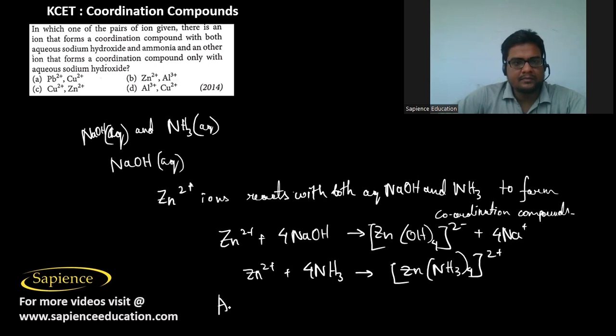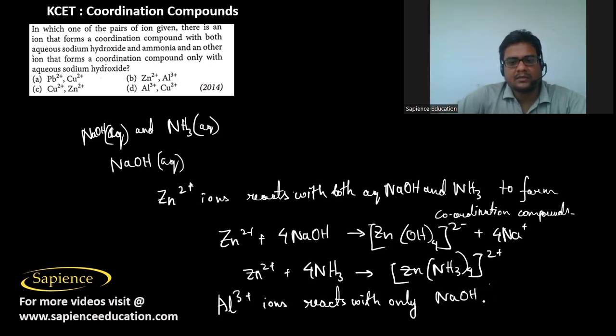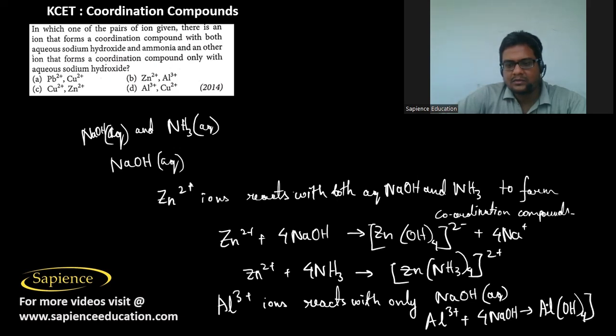But Al3+ ion reacts with only sodium hydroxide in the aqueous solution to form a coordination complex, which is Al3+ reacts with 4 NaOH to give [Al(OH)4]- ion and plus 4 Na+.